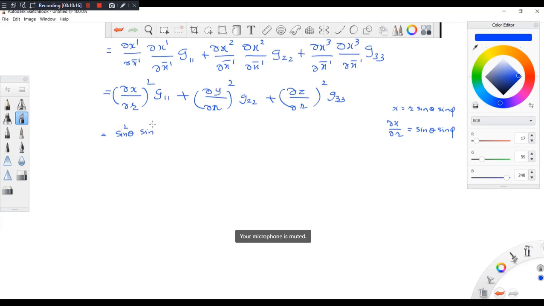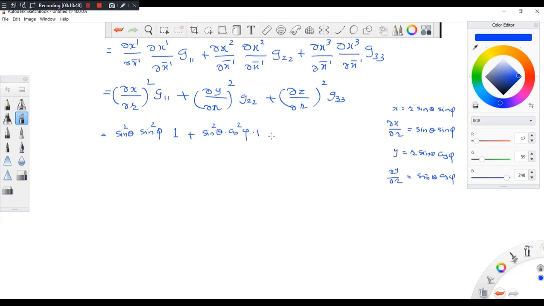Similarly, y is equal to r sin theta cos phi, so ∂y/∂r will be sin theta cos phi. So this will be sin² theta into cos² phi into 1 plus, what is z? z is equal to r cos theta, so ∂z/∂r will be cos theta. So this will be cos² theta into 1.